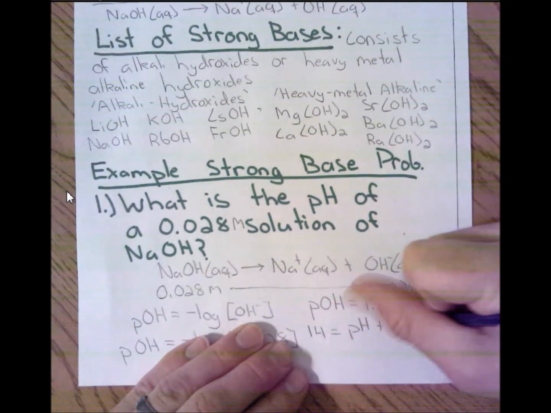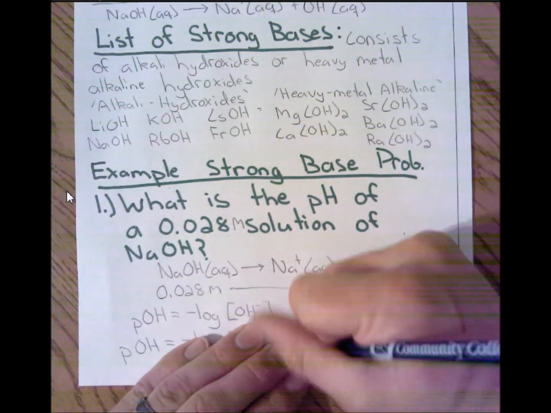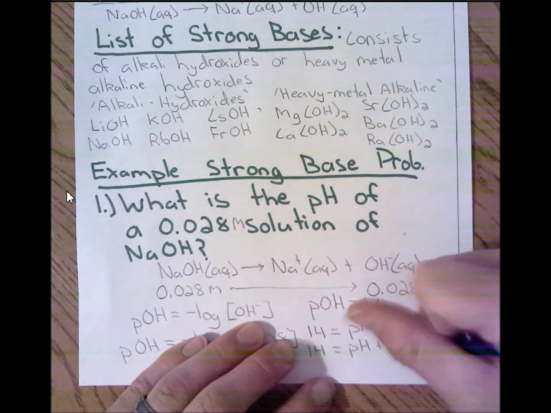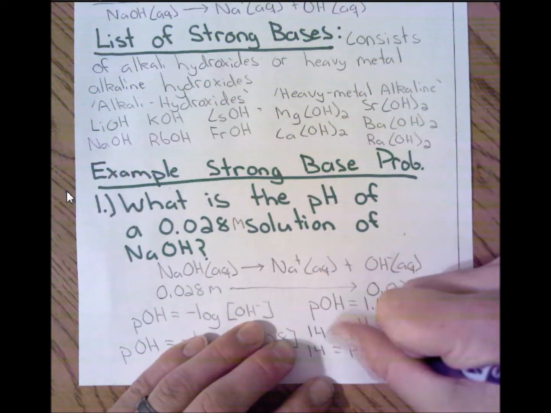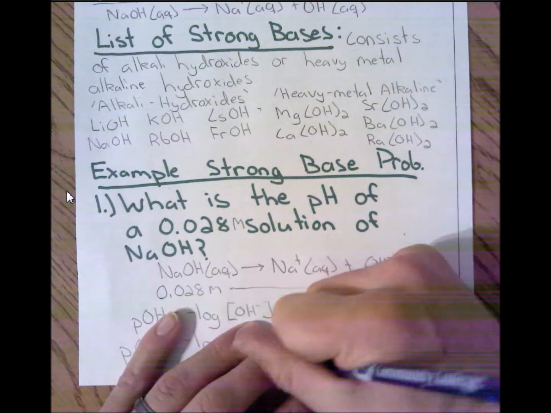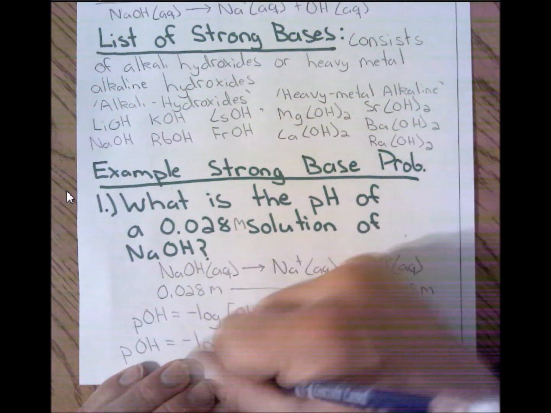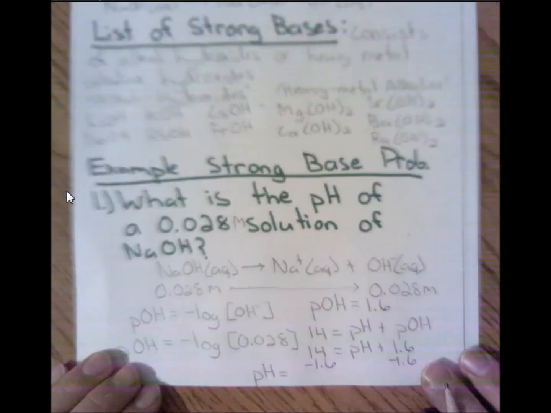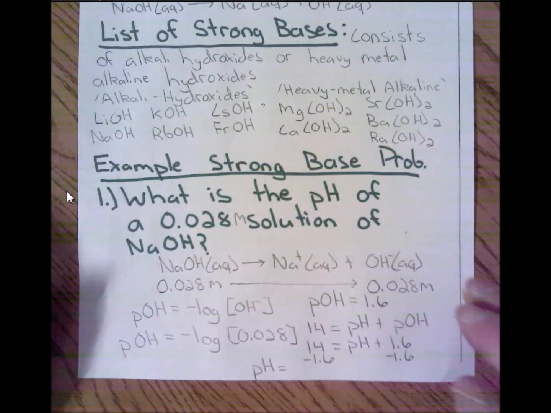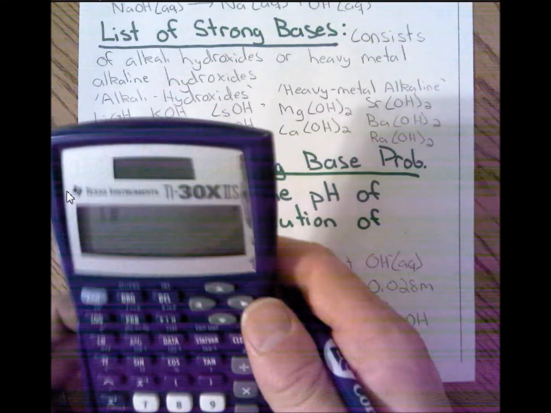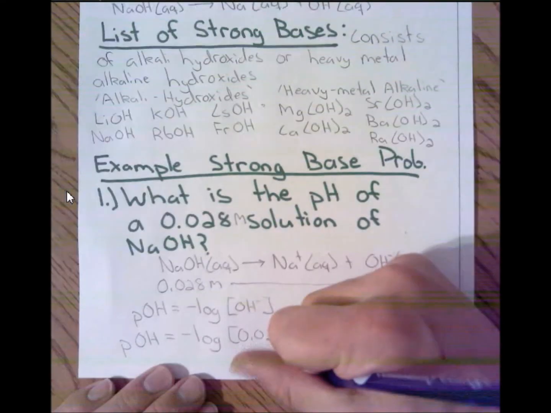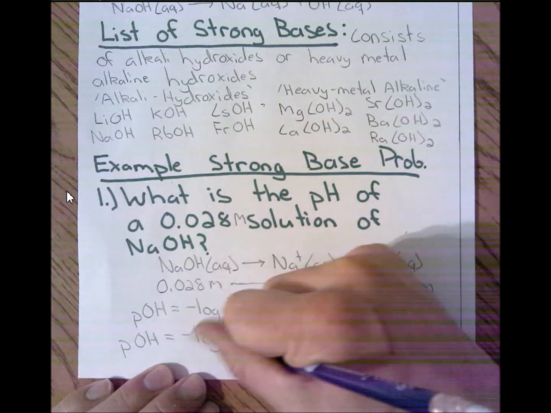So we subtract 1.6 from each side, we take 14 minus 1.6, and we obtain our pH value of 12.4. Now, this should make sense because a basic solution is over 7 or greater. This is much greater than 7.